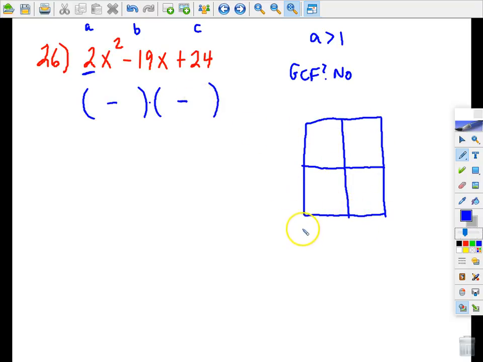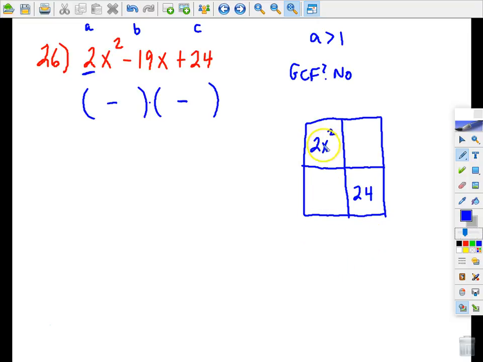Okay, so here's how the box method works. Your first step is to look at your first term, which is 2x squared, and your last term, which is 24. And you're just going to place them across from each other diagonally, and it really doesn't matter how you go, but I just always place them diagonally in this way.